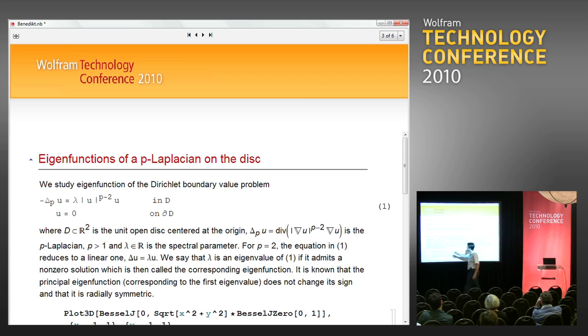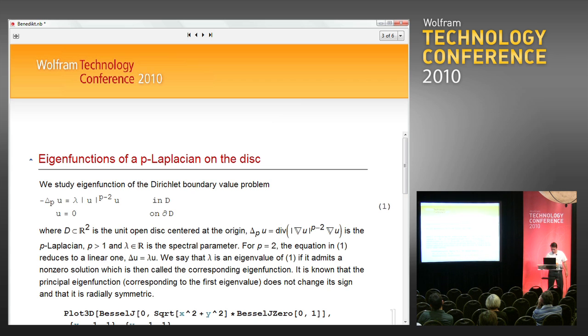The operator at the left-hand side is called the P-Laplacian. It's a second-order partial differential operator, and it's a generalization of the classical Laplace operator. So if you take P equal to 2, then this is 1, and it's a classical Laplacian. If you take any P greater than 1, you get generally a strongly nonlinear operator.